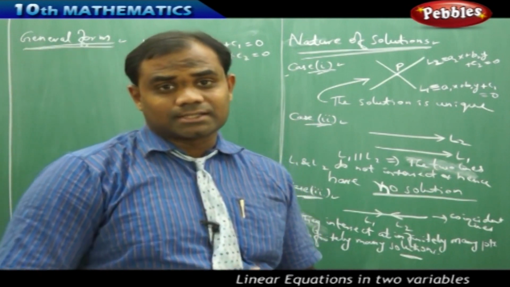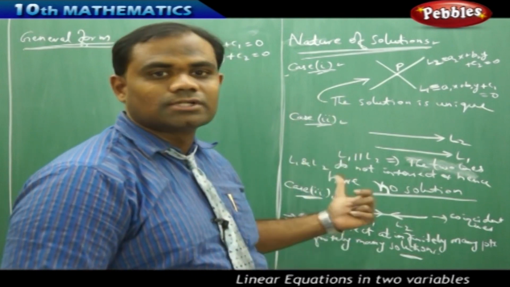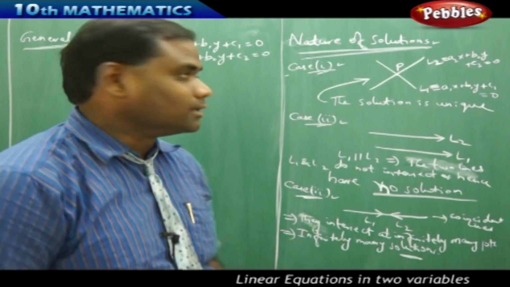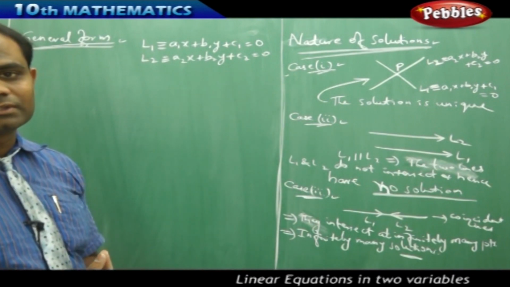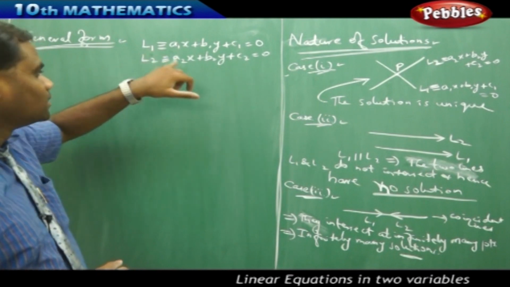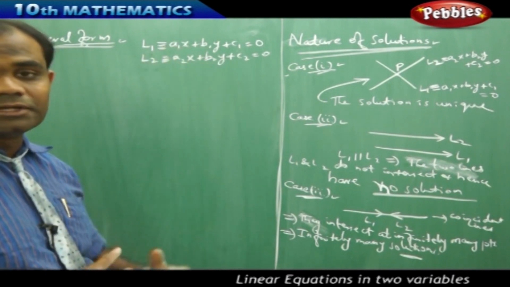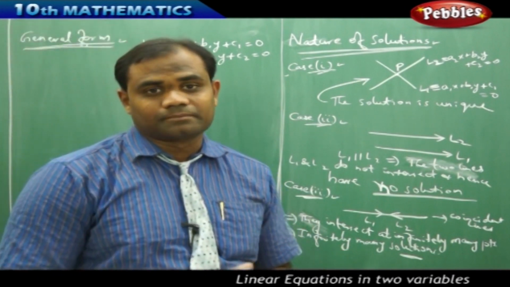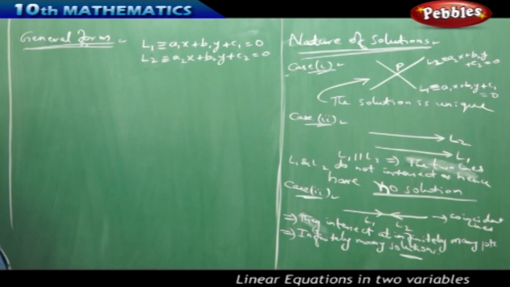Then let's see how the different cases are derived using the coefficients. Here I'm trying to connect the coefficients with nature of solutions. The coefficients are a1, b1, c1 for the line L1 and a2, b2, c2 for the line L2, both in linear form with two variables x and y. So let's see how we can connect the coefficients with nature of solutions.